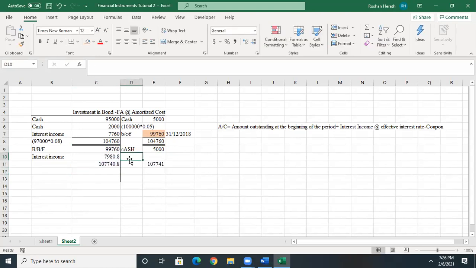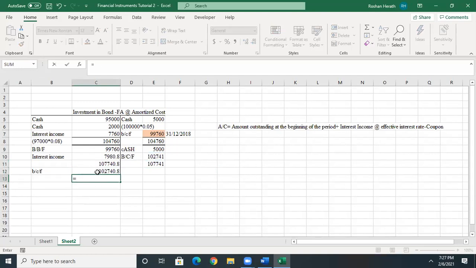So here you get the balance carried forward. $102,741. You can use an amortization table as well, right? Yes, you can. So in fact, that is also a good alternative. Right, it's going to be 102,741.